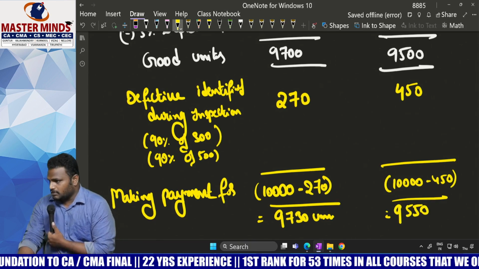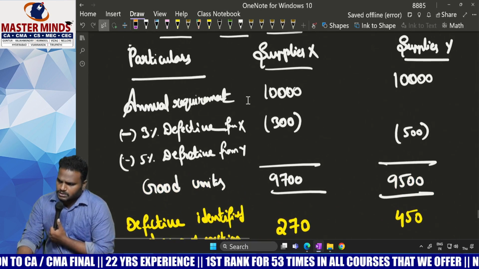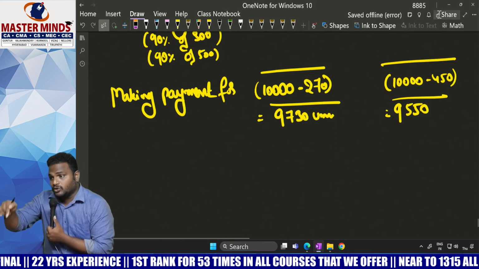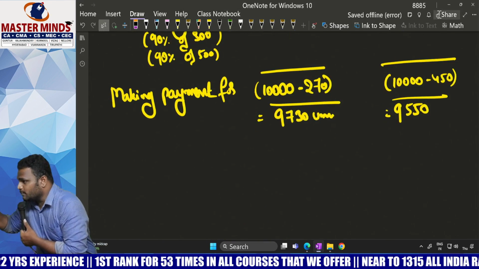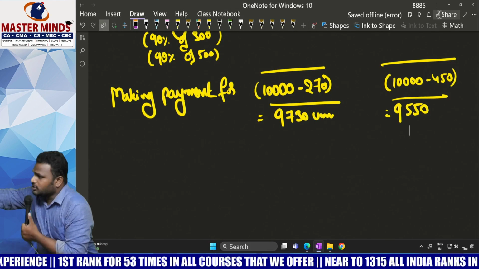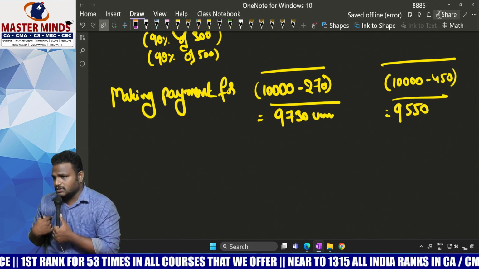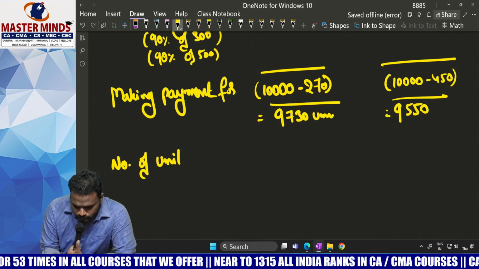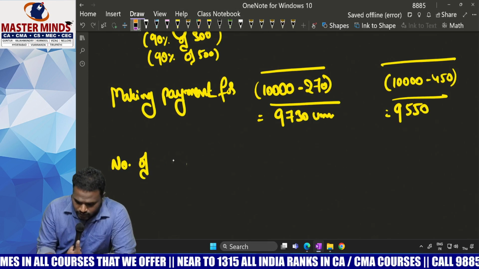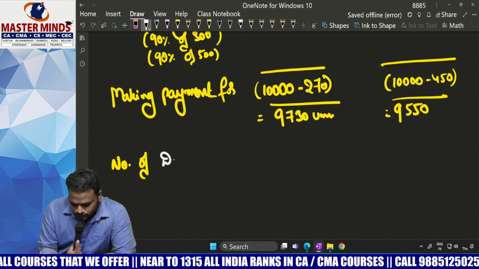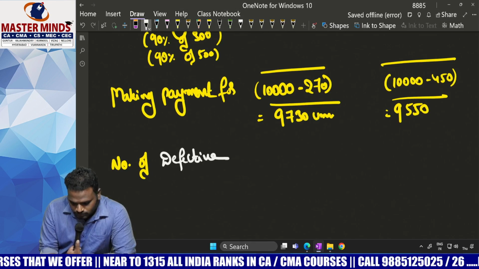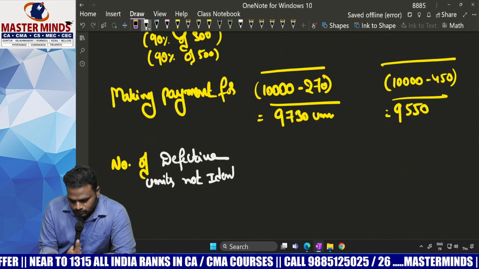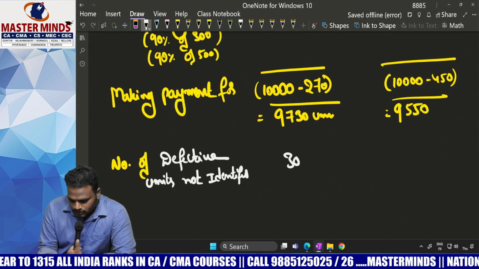I will make the payment. But how many good units are there? But what are these 30 units? Non-defective units, but not identified during the inspection. These 30 units are entering into the production process and causing damage to me. Yes or no? Now, number of defective units not identified: thirty units.